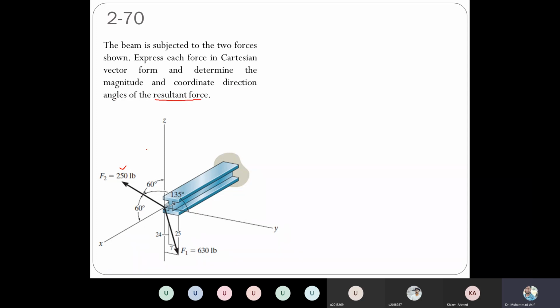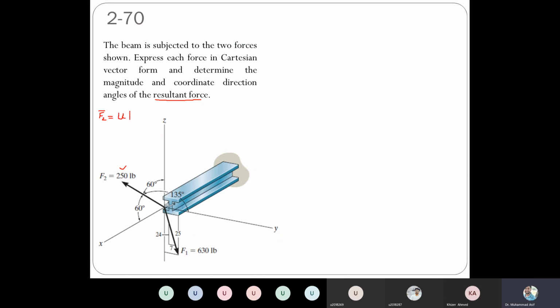So first of all, you need to express each force in vector form, right? I mean F1 in vector form and F2 in vector form. How can you convert F2 into vector form? You have the scalar value, so you have to multiply with a unit vector.